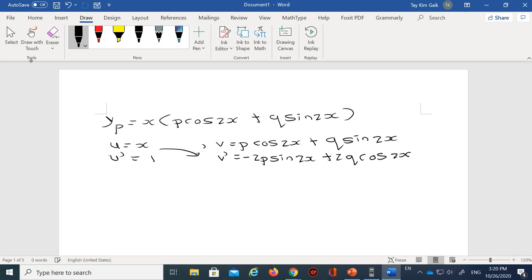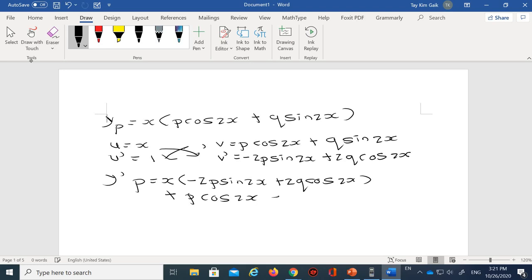So your y prime p, you differentiate your y p using product rule, where you have the form uv. You get u v prime, which is actually x times negative 2p sin 2x plus 2q cos 2x, and then plus v u prime, which is actually p cos 2x plus q sin 2x.